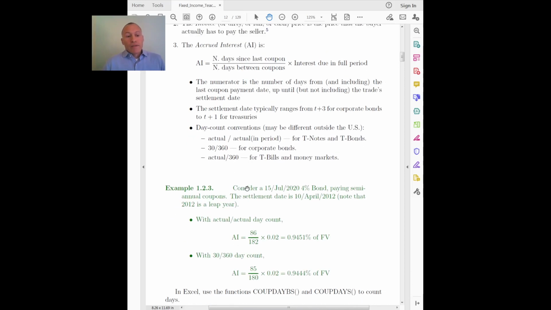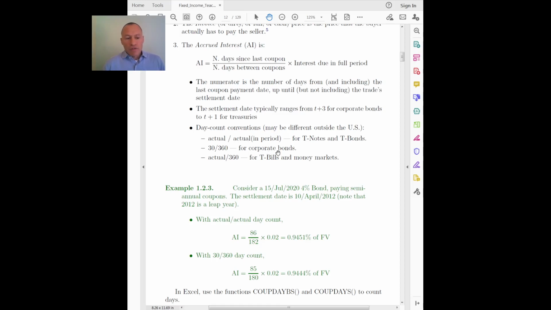To make things even more complicated, the way this accrued interest is computed depends on the actual market. So the Treasury market for notes and bonds may use some day count convention, like actual over actual, which means that you actually count days based on the calendar.